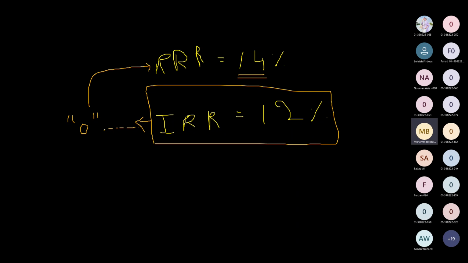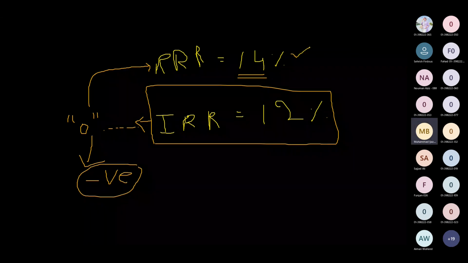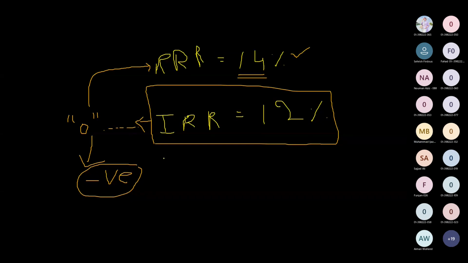If I further increase the rate, what do you think? NPV would decrease and go negative, right? So actually, at my required rate of return, the NPV would be negative. That means it is giving me a loss. Is it clear?